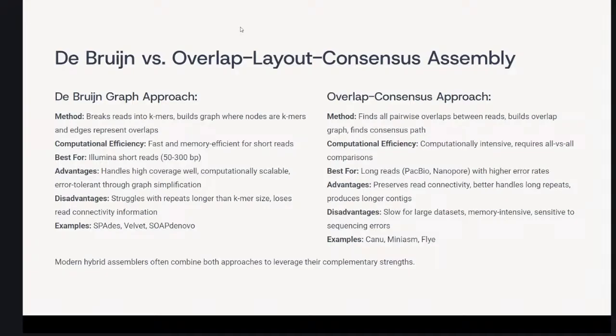And some advantages are there. It handles high coverage extremely well. In the de novo approach, as I already told you, we need good coverage to resolve the repetitive issues, and it handles this high coverage sequencing very well. Then it is computationally scalable to large genomes. It can easily assemble large genomes like the human genome.